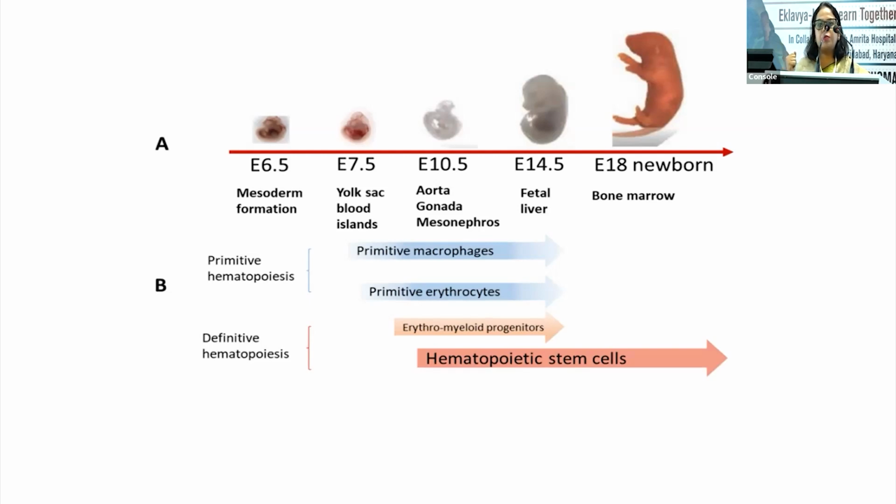This process of definitive hematopoiesis is then taken over by the liver, and by the end of the third week, the bone marrow takes over this entire process of definitive hematopoiesis, and it continues throughout our life.